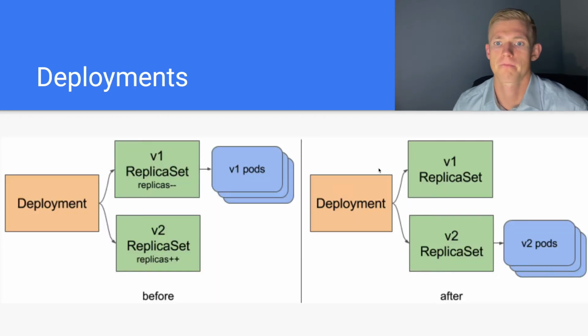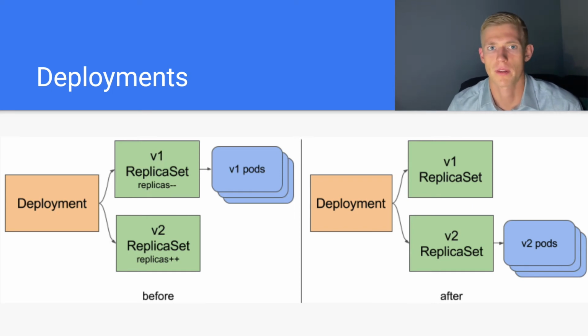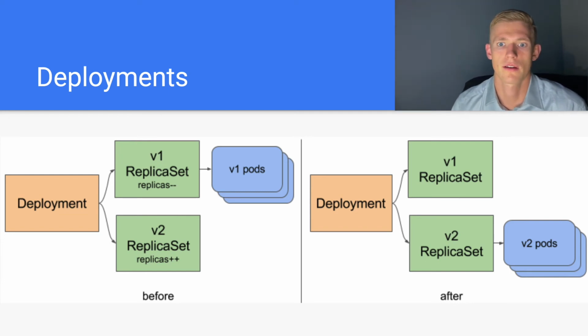Now, at this point, you should probably understand that replica set is a parent object of pods, and likewise, deployments are a parent object of replica sets. So while a replica set does provide some nice functionality, why would we need another parent object for a replica set?